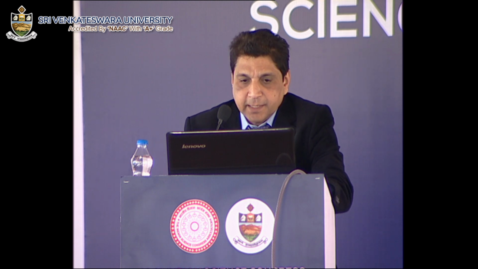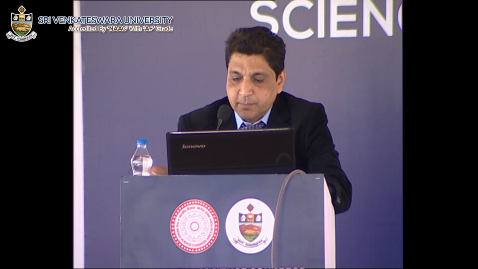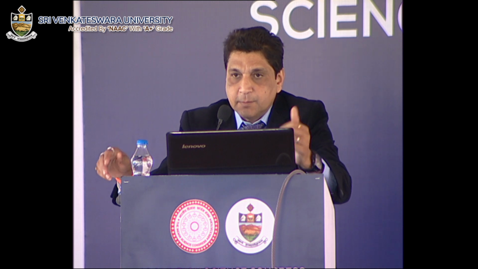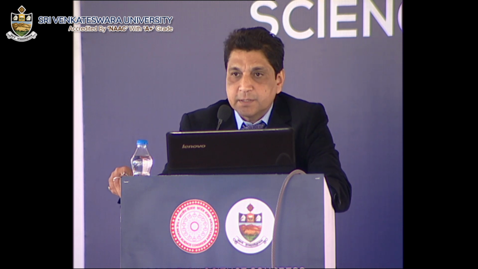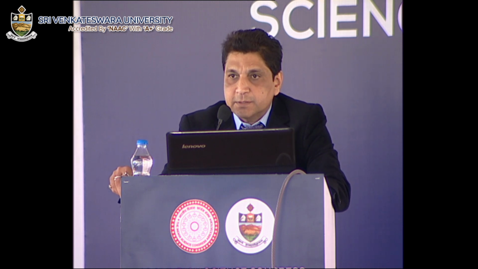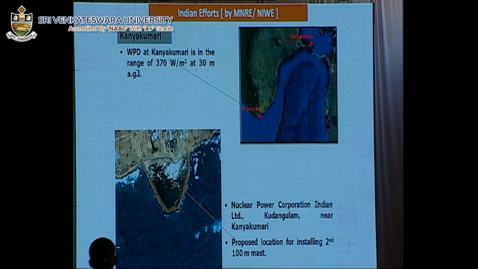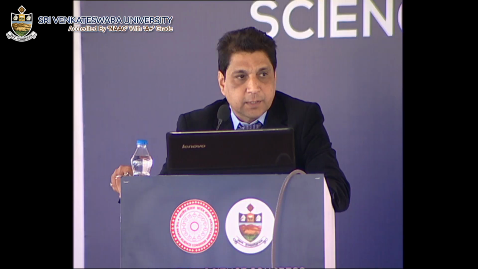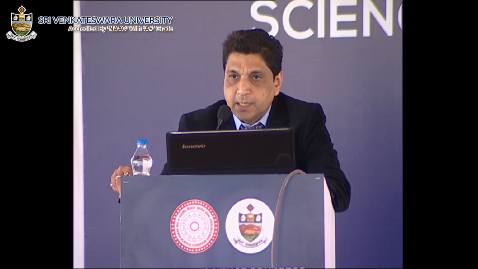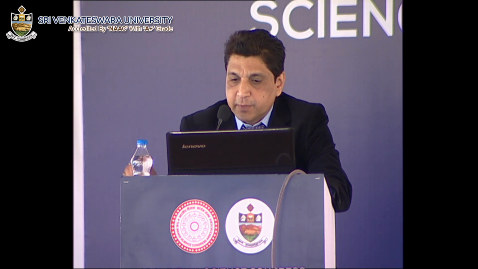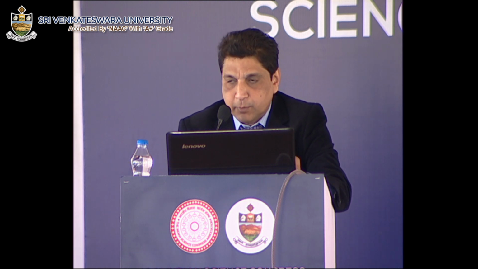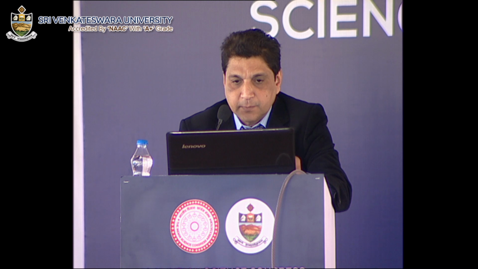The second area we are planning from Rameshwaram in Tamil Nadu is this jetty of the Nuclear Power Corporation, where we feel we can install another mast of 120 meter, for which we are trying to talk to the Nuclear Power Corporation of India Limited. We will be starting this mast for wind measurements very soon, probably by next financial year.